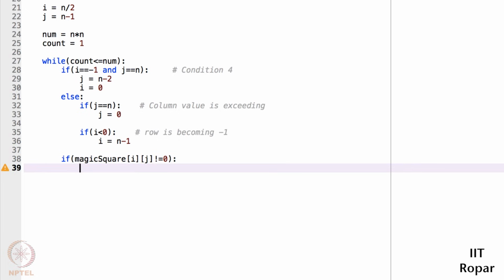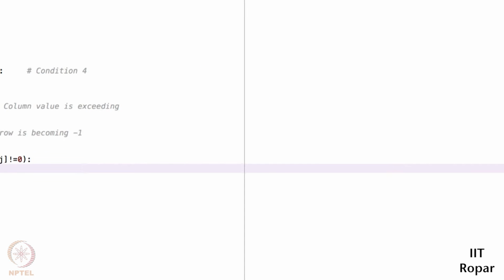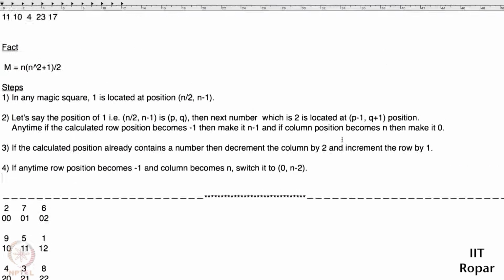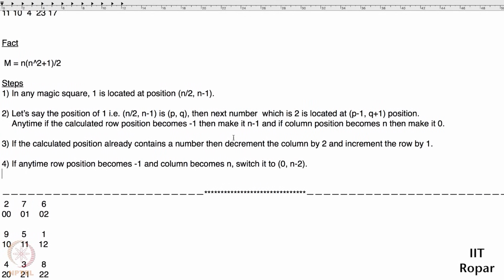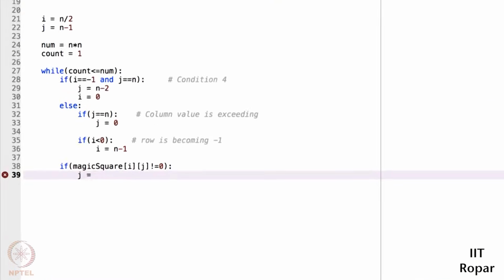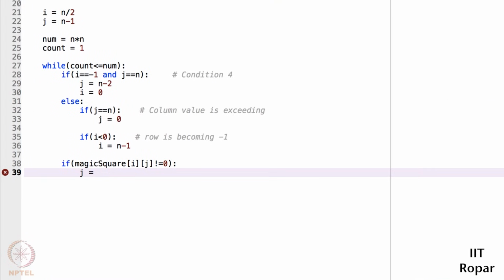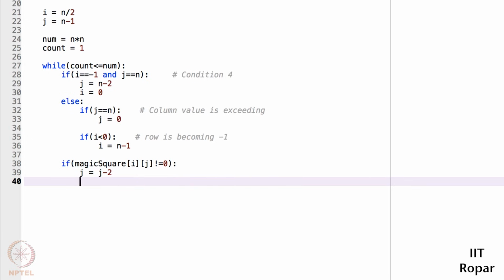Then I have to put j is equal to, let me check the condition, what was it? If the calculated position already contains a number, then decrement the column by 2, increment the row by 1. So we will decrement the column by 2, so j minus 2, and i is equal to i plus 1.